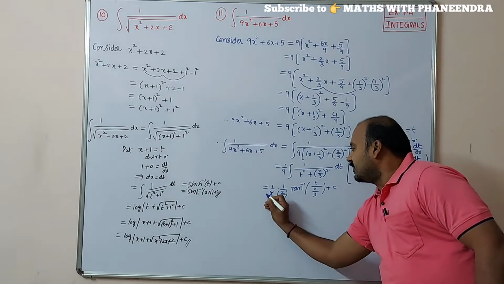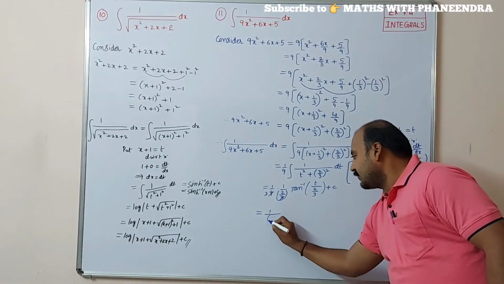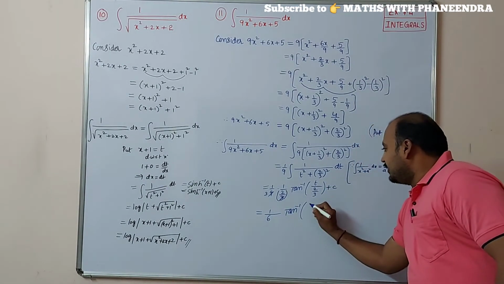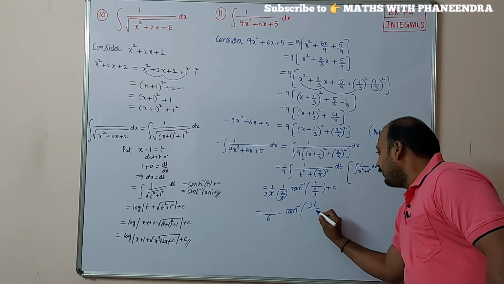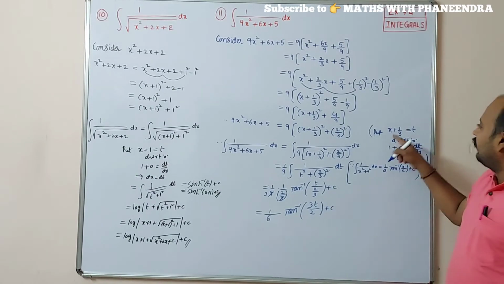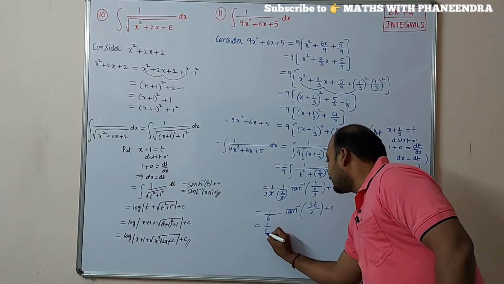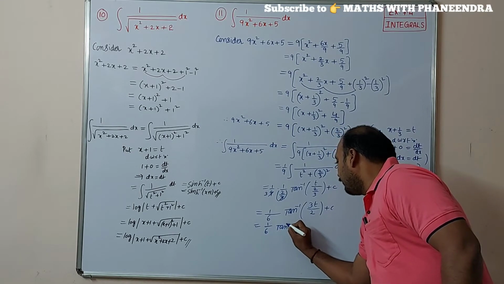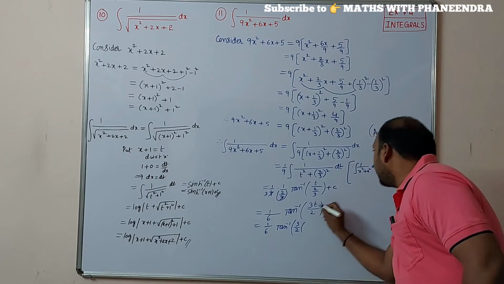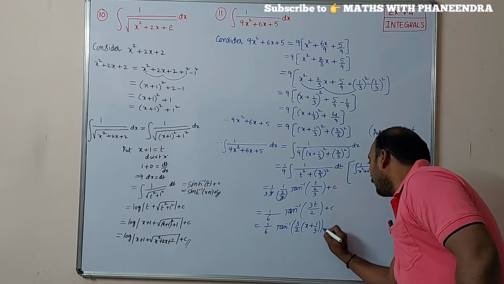So 3 ones are 3, 3 threes are 9. Which is equal to 1 by 3 into 2, 6, tan inverse of 3t divided by 2, plus c. In place of t, what do we have to write? x plus 1 by 3. So it is equal to 1 by 6 tan inverse of 3 by 2 times (x plus 1 by 3), plus c.